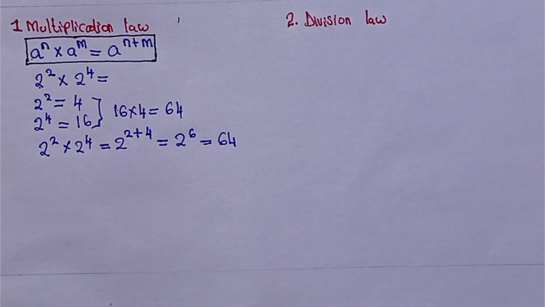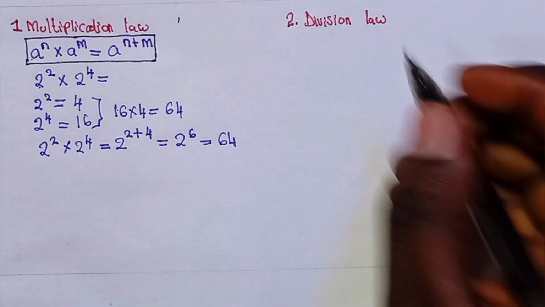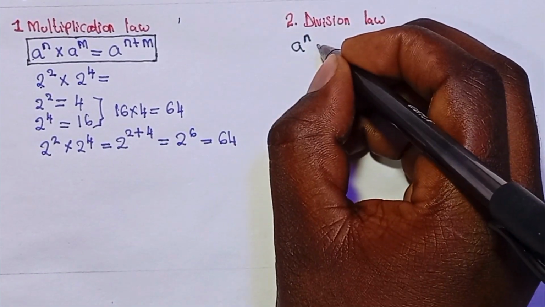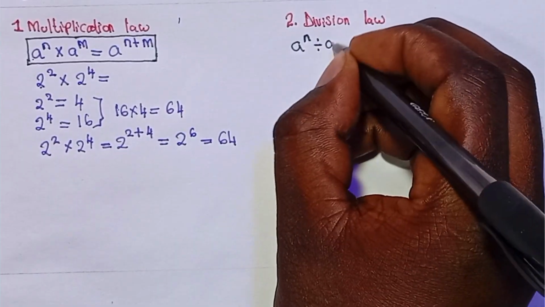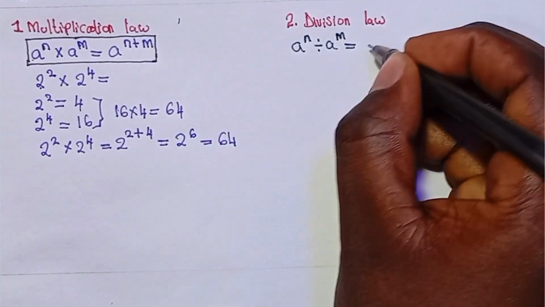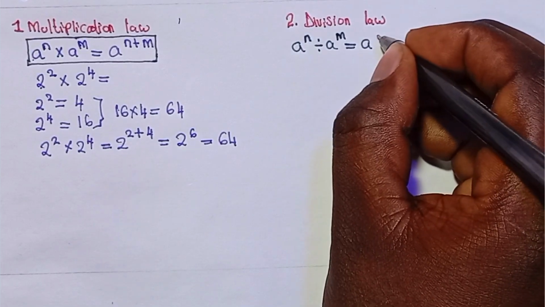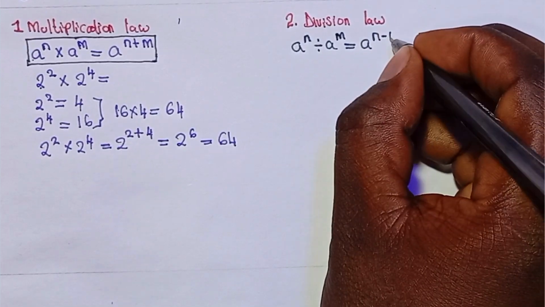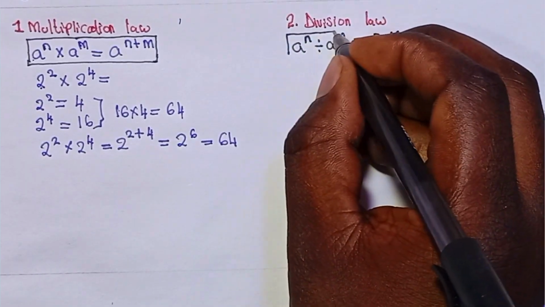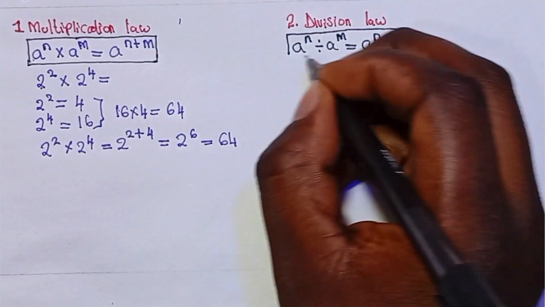We are going to subtract, but for illustration, if we have a raised to n divided by a raised to m, this basically means a raised to n minus m. So this is the formula. You should always remember this.